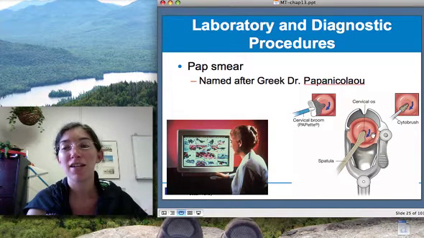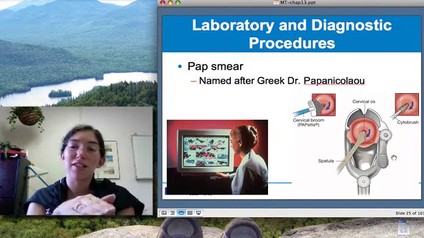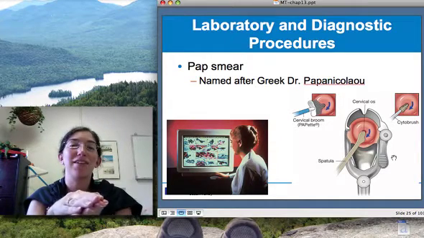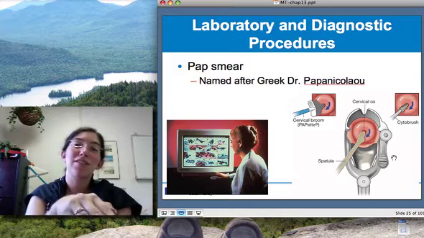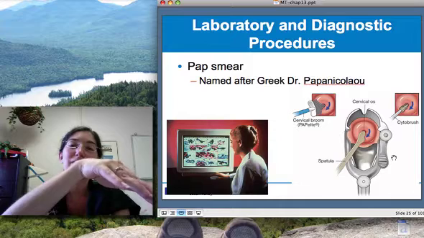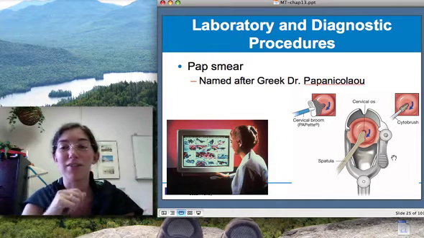And essentially, a speculum is inserted into the vagina. Actually looks kind of like my hands do now. It's like a duck bill. So it gets inserted into the vagina and then opened, and it allows for a clear view and clear access to the cervix.